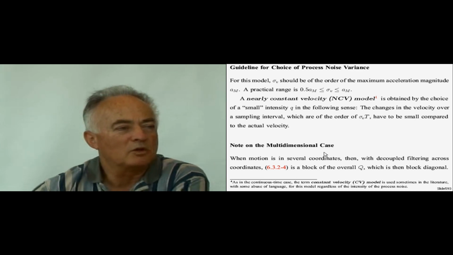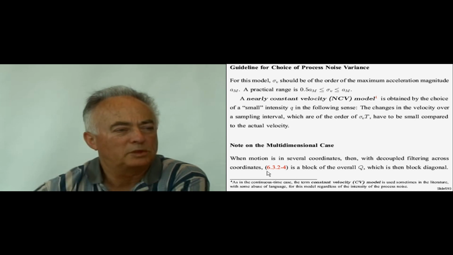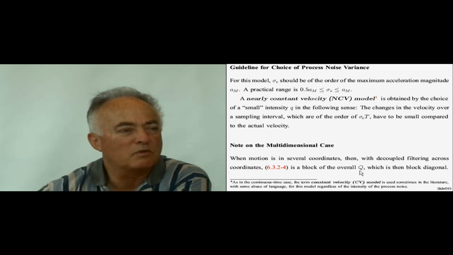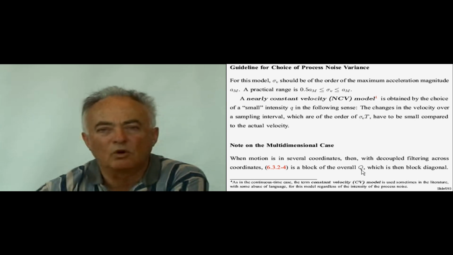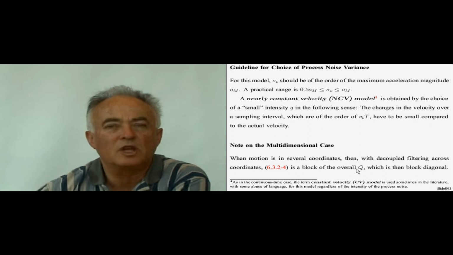In the multidimensional case, with the motion in several coordinates with decoupled filtering across coordinates, our process noise covariance really is block diagonal, and what we have seen before is one block of the overall process noise covariance matrix. So this is the decoupling of the process noise. It is assumed independent.